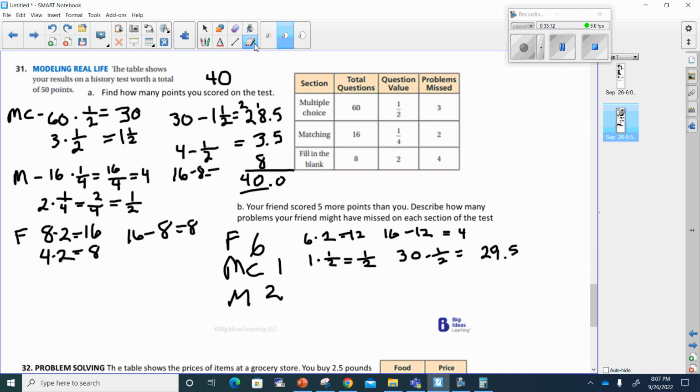I'm just going to line these up. Okay. Let's see here. Actually, I'm trying to see how many you got right. I think I did this wrong, because if you missed 6, that would have been missing more.